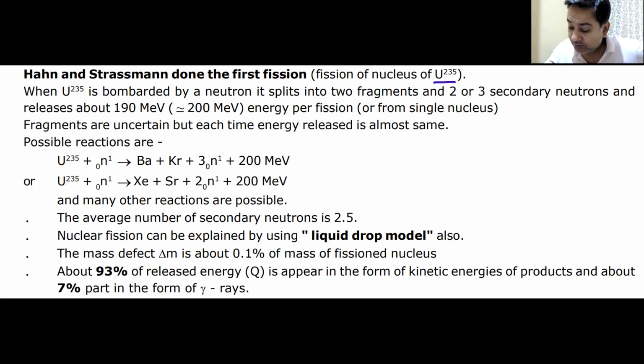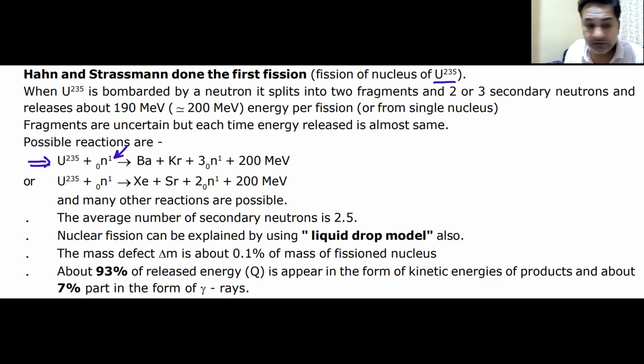Yes, sir. So they bombarded uranium U-235. You can see this here. And the particle that they used was what? Do you see the particle? I'll make it bigger.